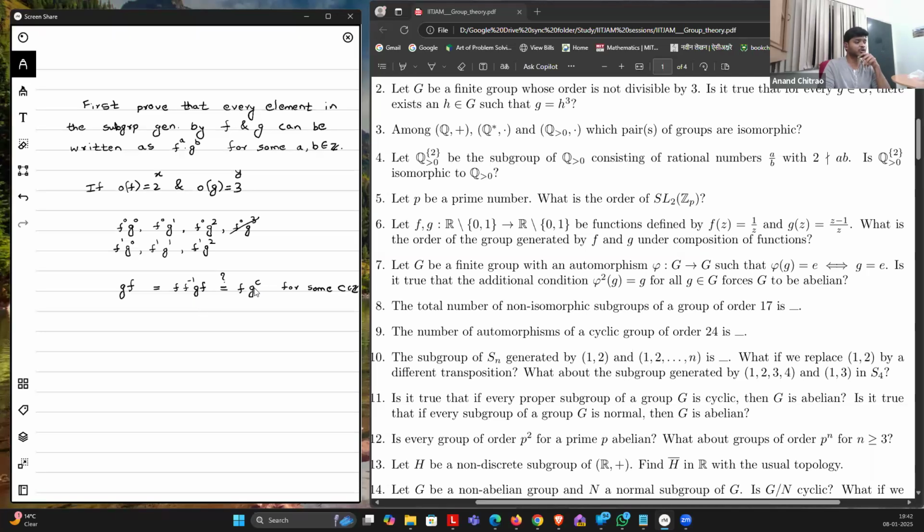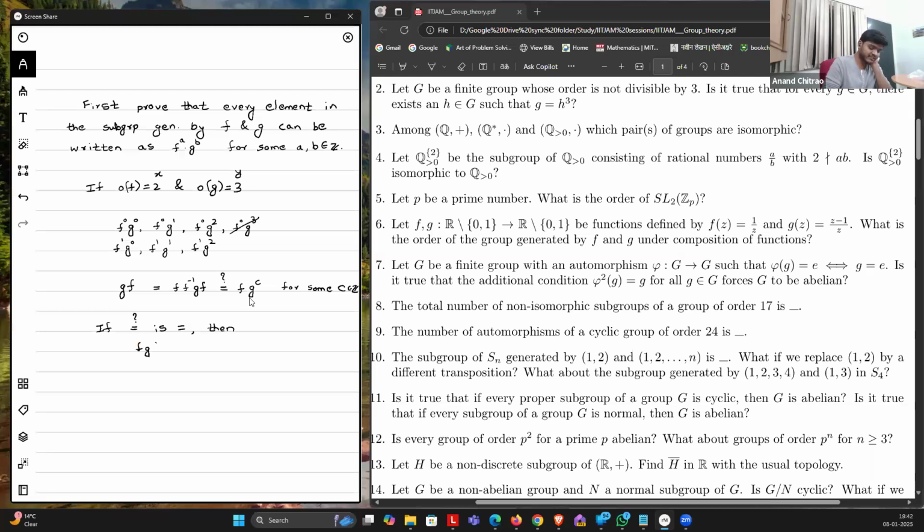Is this a power of g? If this turns out to be a power of g, then you are done, right?